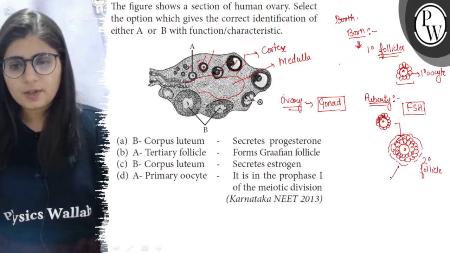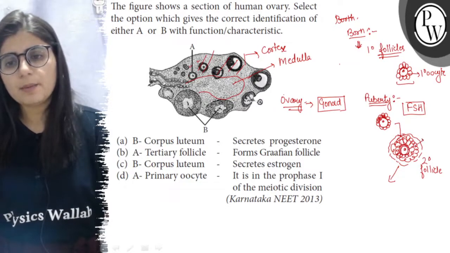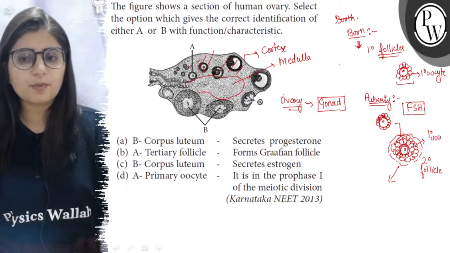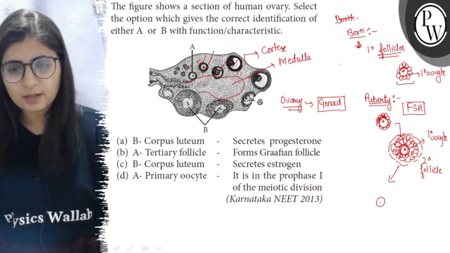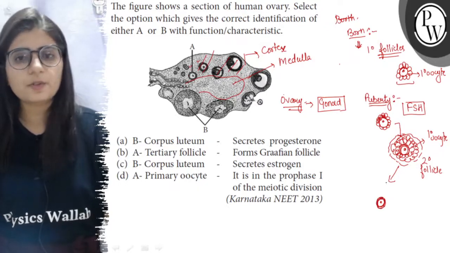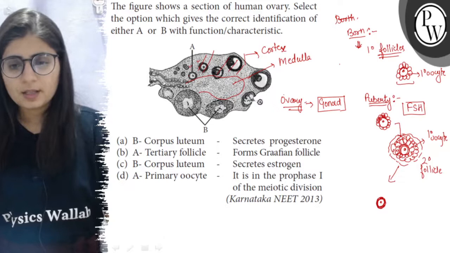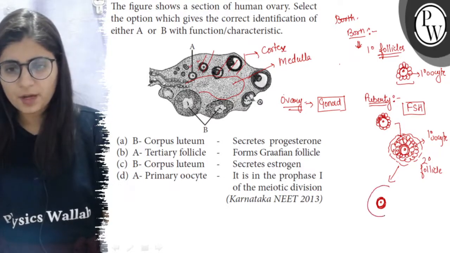Now the secondary follicle will further continue its development, and here the primary oocyte, which was arrested at prophase 1, will complete its meiosis 1 and convert into the secondary oocyte. Now this is a secondary oocyte surrounded by a layer of zona pellucida, which is a glycoproteinous layer, and here there will be formation of a cavity.